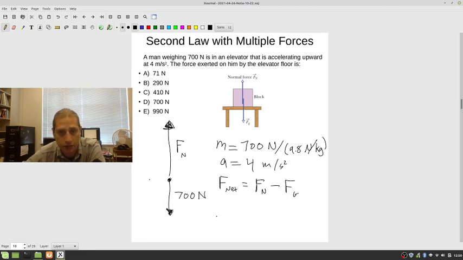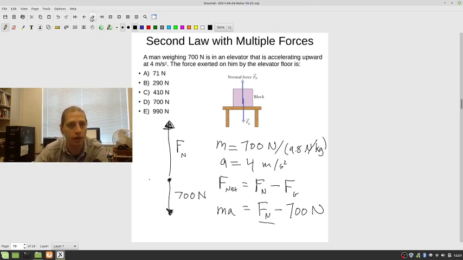So if F net equals ma, I can say ma equals F normal minus 700 newtons. I have m, I have a, and I have this as 700. I just solve for my normal force, and I'm done with that problem.